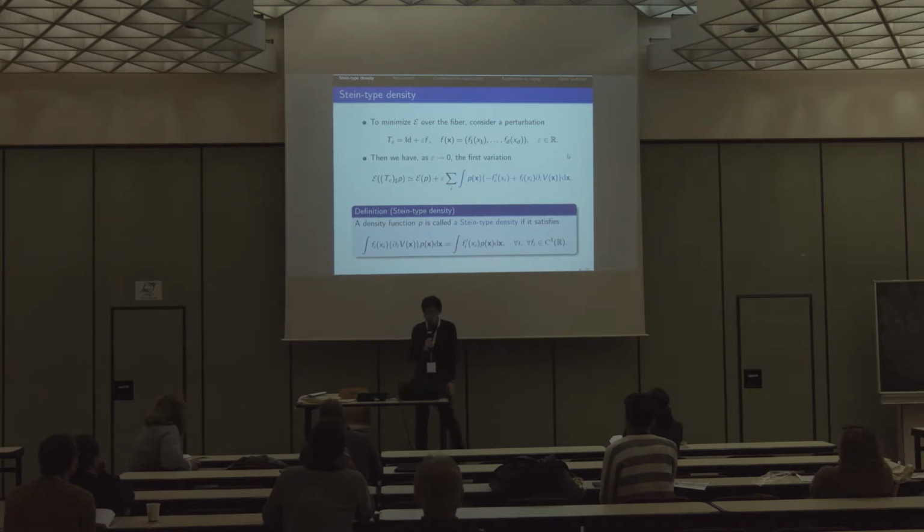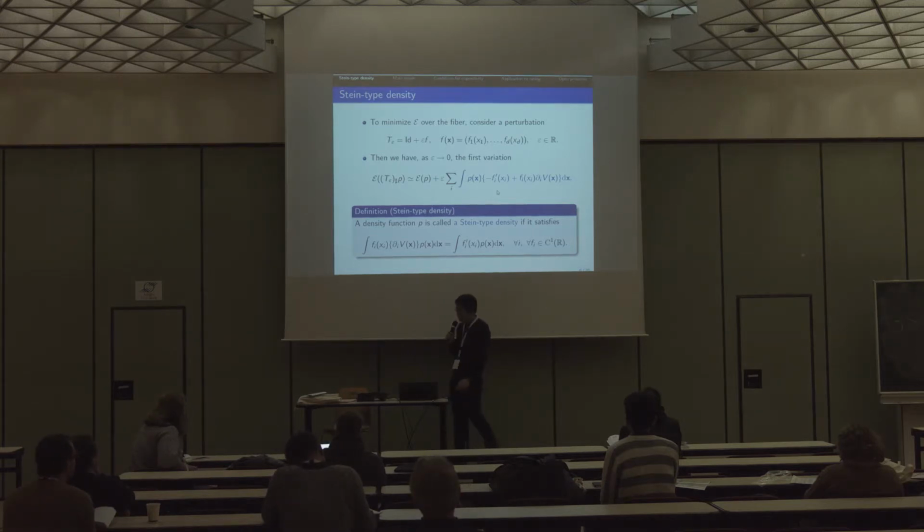Then we have, as epsilon goes to 0, the first variation formula. And so if this term vanishes, then that point is the minimum point of E.